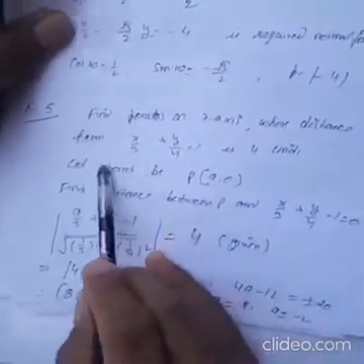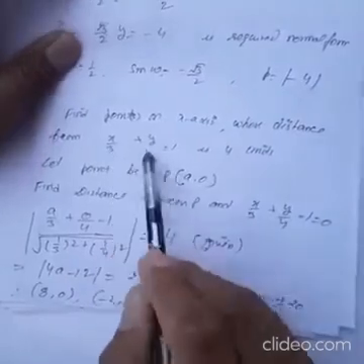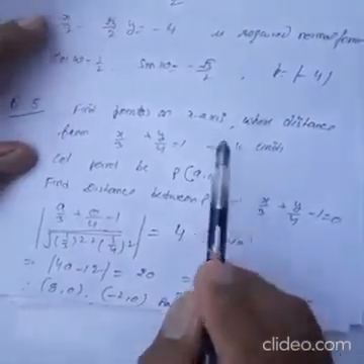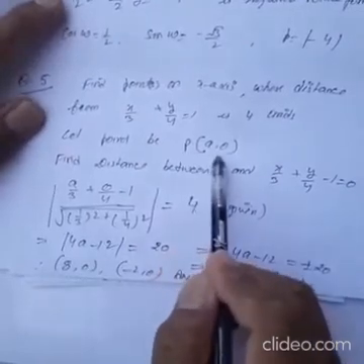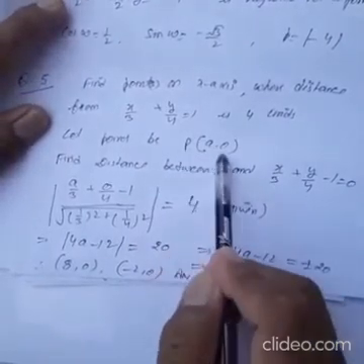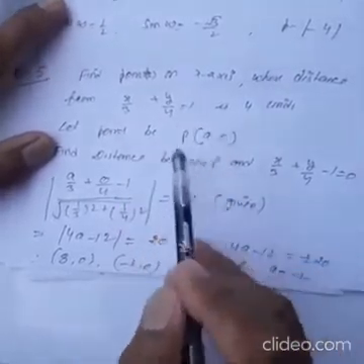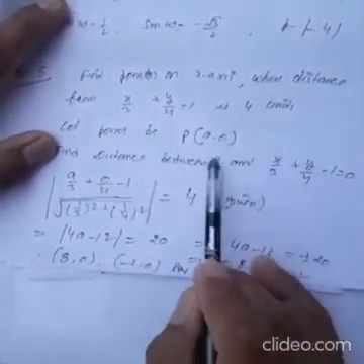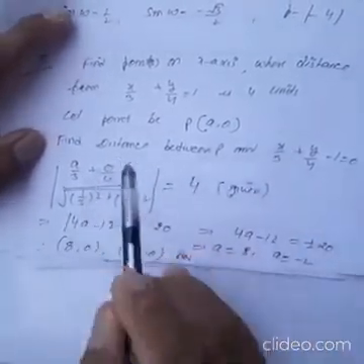Question number 5. Find points on the x-axis whose distance from this line is 4 units. Let the point on the x-axis be P(a, 0). Find the distance between P and this line using the distance between a point and a line method, and put in the formula.